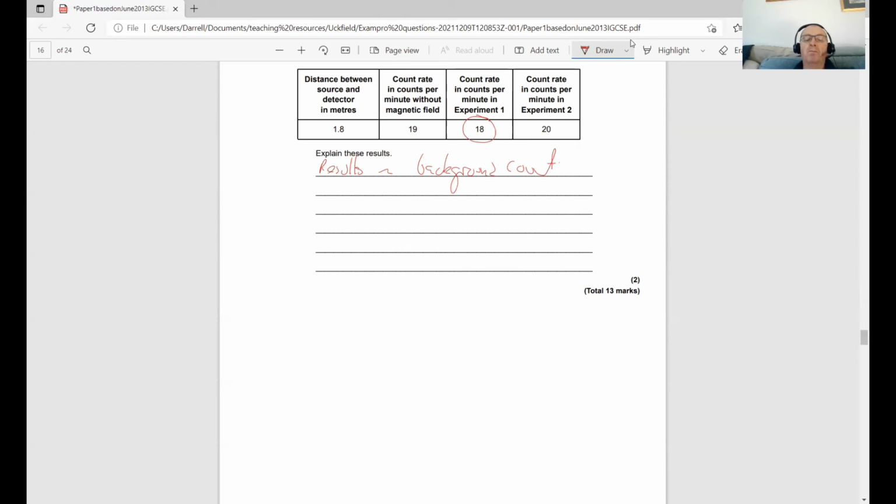So the distance is too great for beta to arrive at the detector.